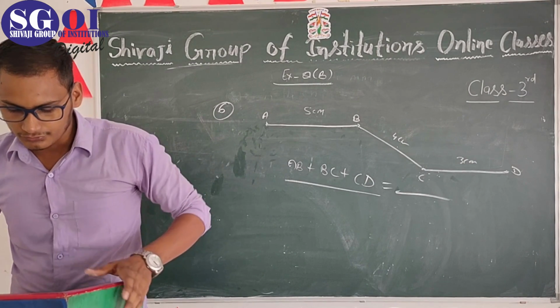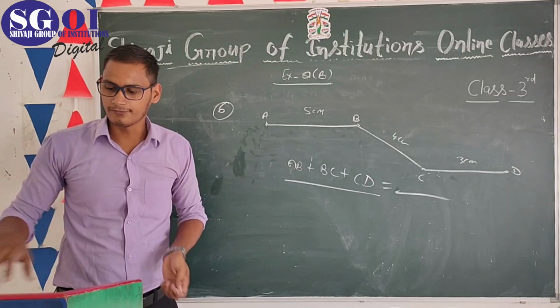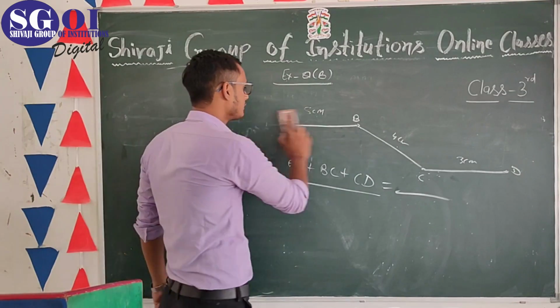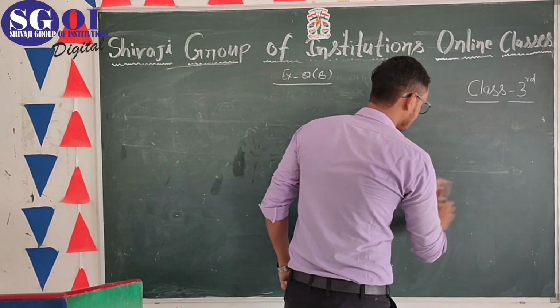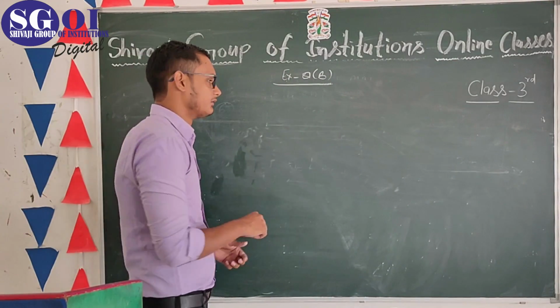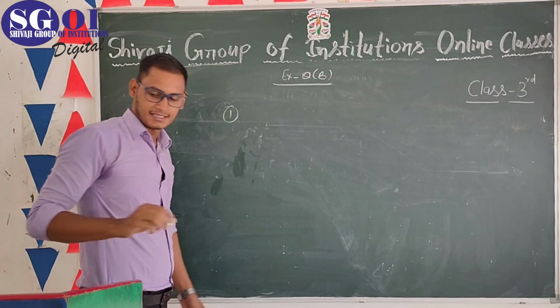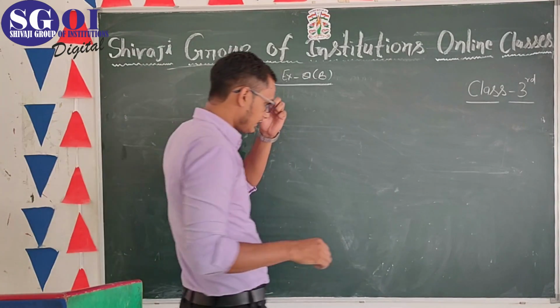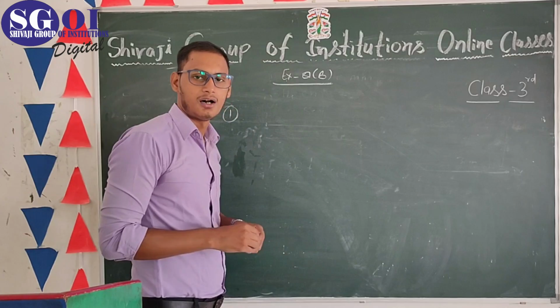Understood? See, on a notebook, draw line segments of the following lengths. First length is 3 centimeter. So how to draw a 3 centimeter line segment?